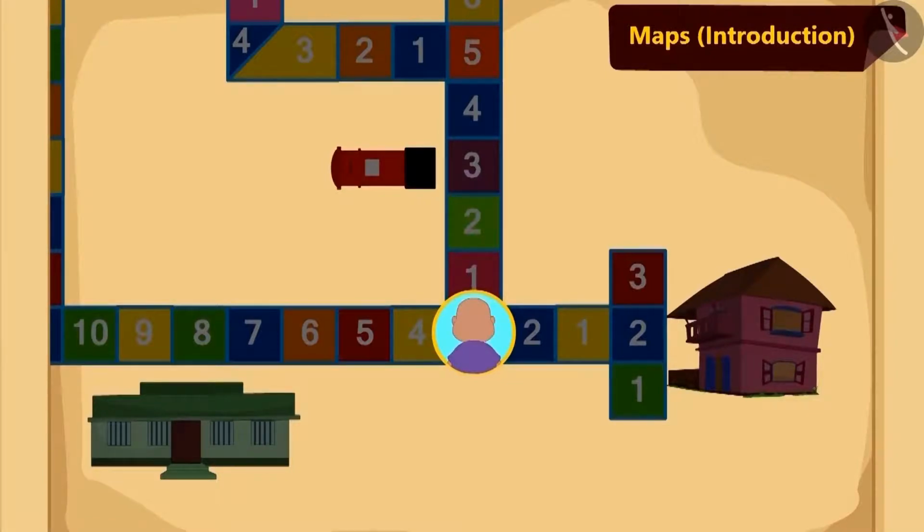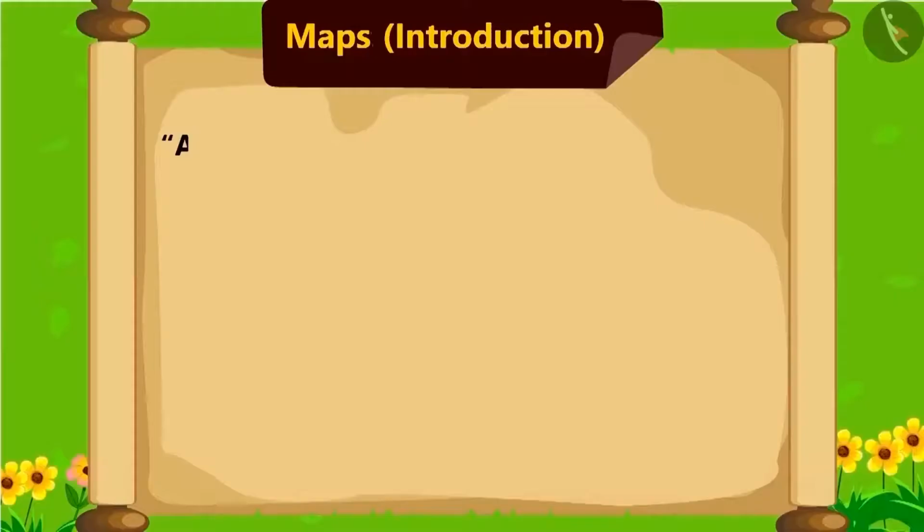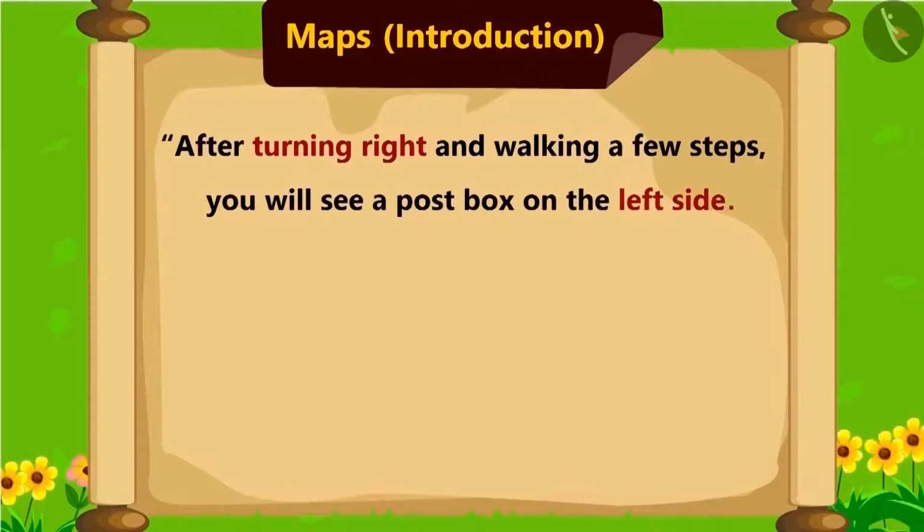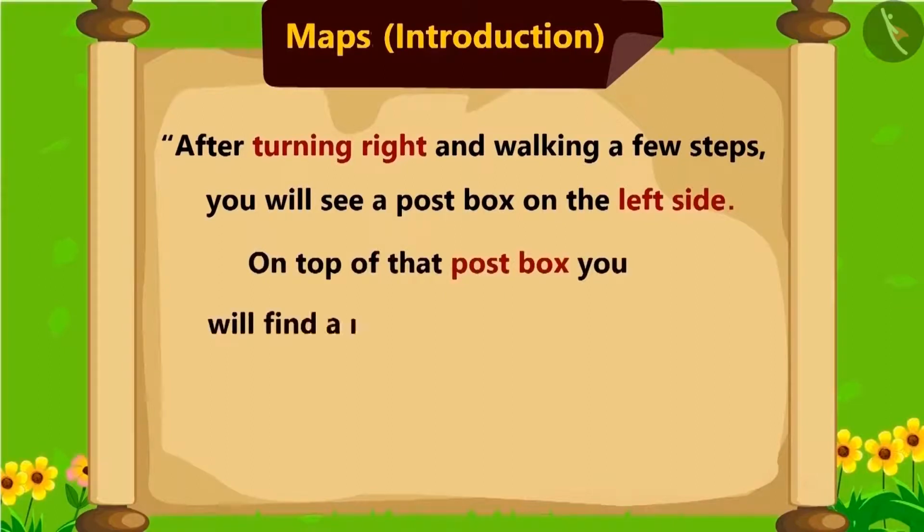He read the instructions further. After turning right and walking a few steps, you will see a post box on the left side. On top of that post box, you will find a rope. Pick up that rope.